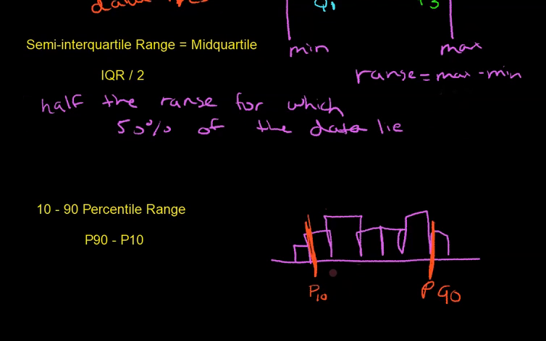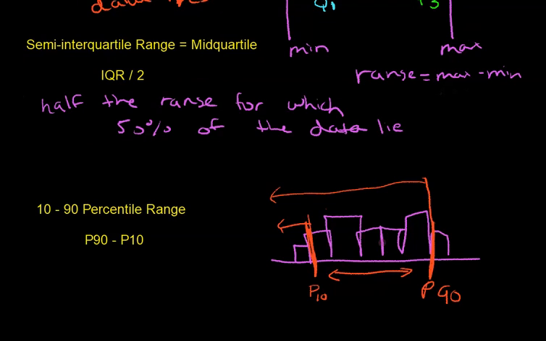How much is between here? That would be 80% of your data, because 90% is less than the 90th percentile, and 10% is less than the 10th percentile.